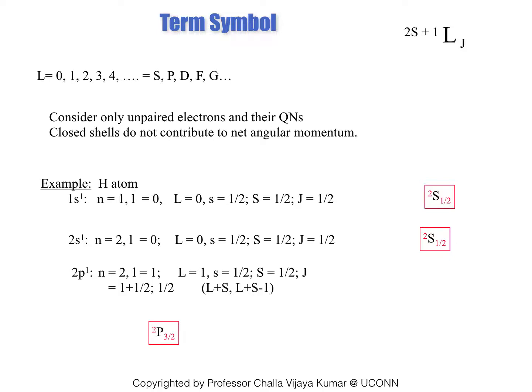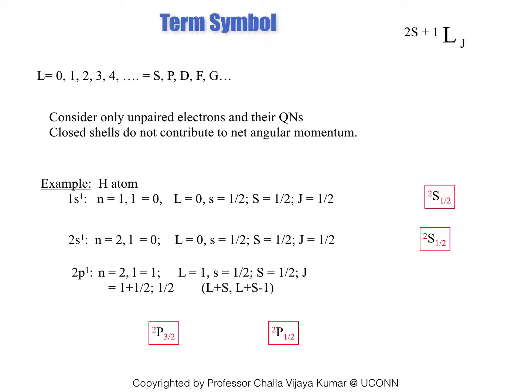So what are these terms? Doublet P, because L equals 1 is a P state. Doublet P 3/2, because J is 3/2, or it can also be 1/2, so doublet P 1/2. These are two separate terms for 2p1.